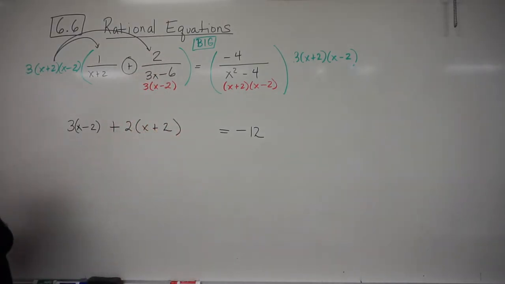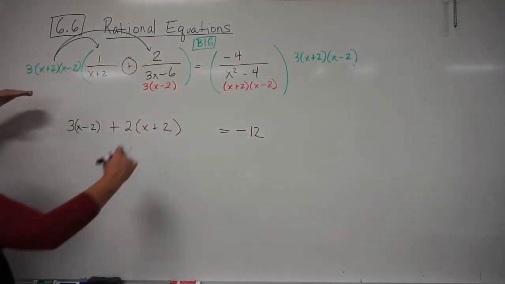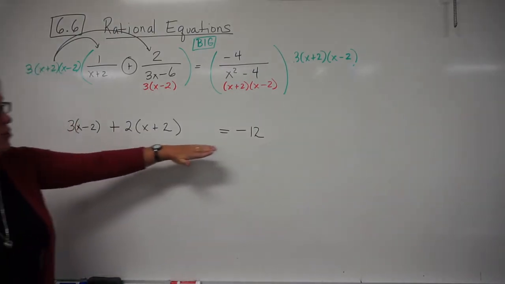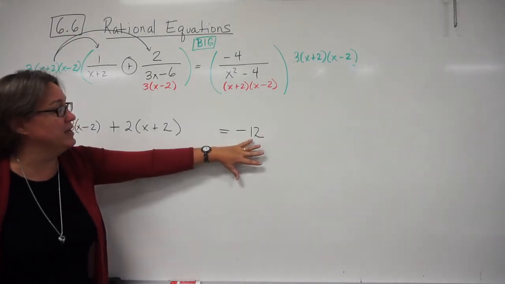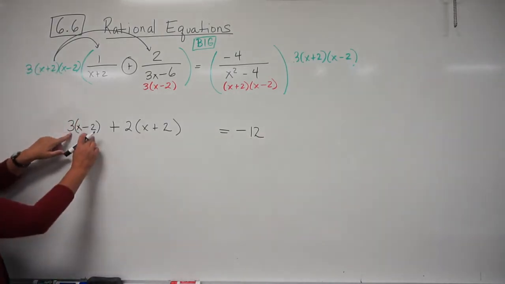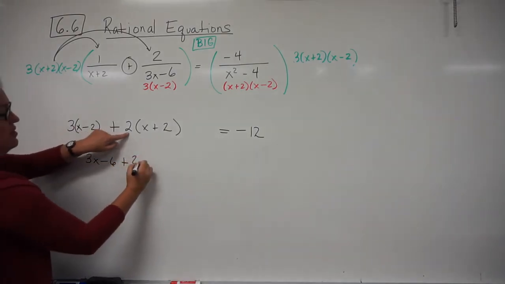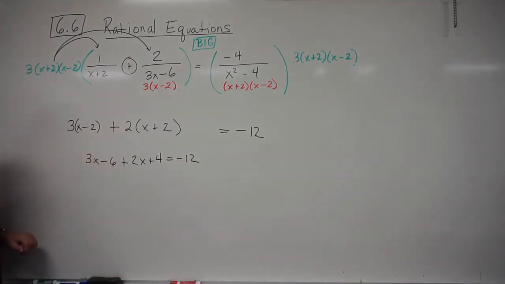Again, I'm sort of tempted to just erase all of this big stuff on the top of the board so that you can just focus on this piece. Because again, this goes back to week 1 or 2 of the semester, and we really should be solid with this. Let's distribute. We get 3x minus 6 plus 2x plus 4 equals negative 12.